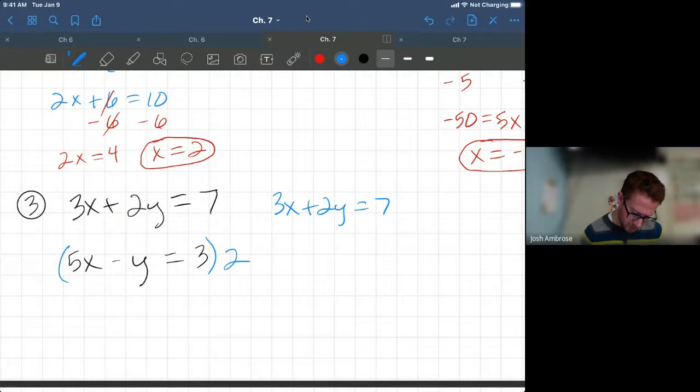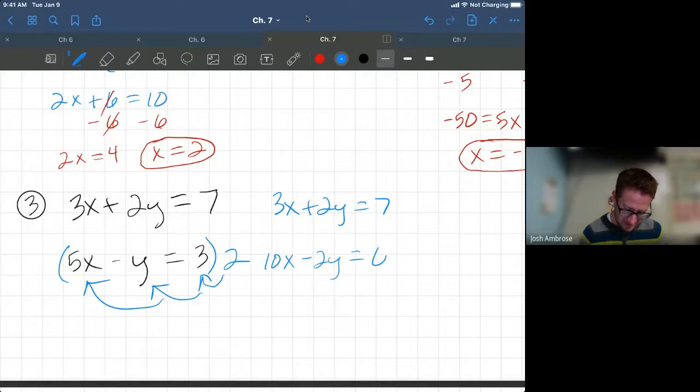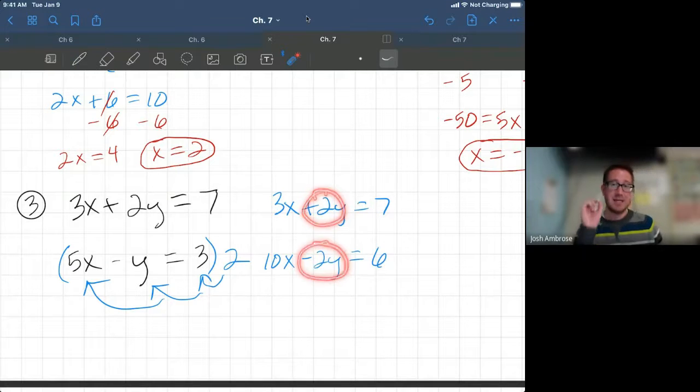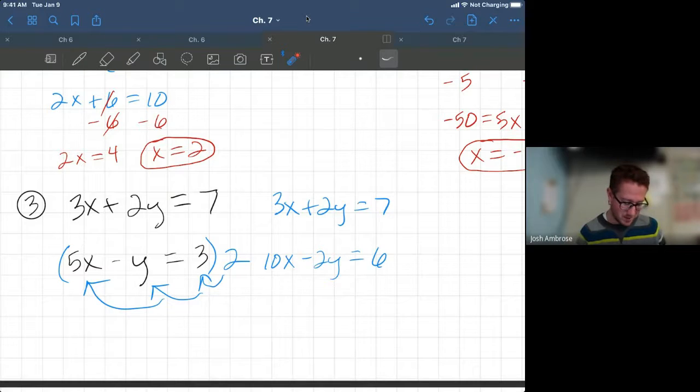Distribute a 2, again, into all parts. All right, so that's now going to become 10x minus 2y equals 6. Okay, and pay attention here to a positive and a negative. Different signs means you will use addition.